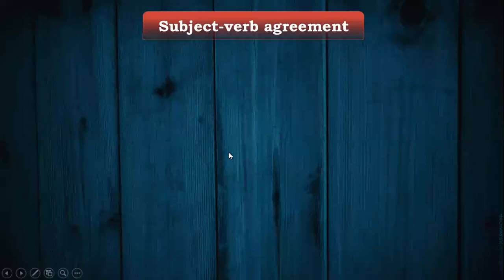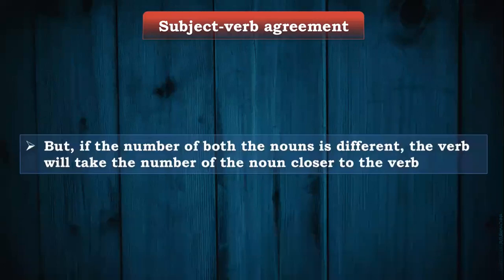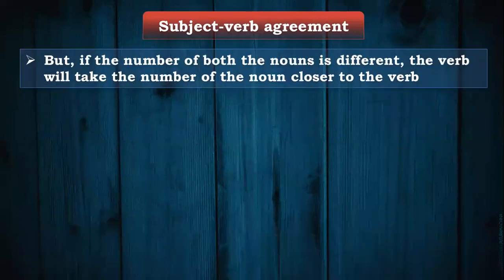All right, so I hope everybody is clear with the fact that how the subjects and verbs, how the singular and plural nouns and verbs agree to each other. So now we are moving on with the next concept and the new concept, which is a change. Now read this carefully with me. But if the number of both the nouns is different, that means what if we have two different categories of nouns? One, a singular noun, and another, a plural noun.